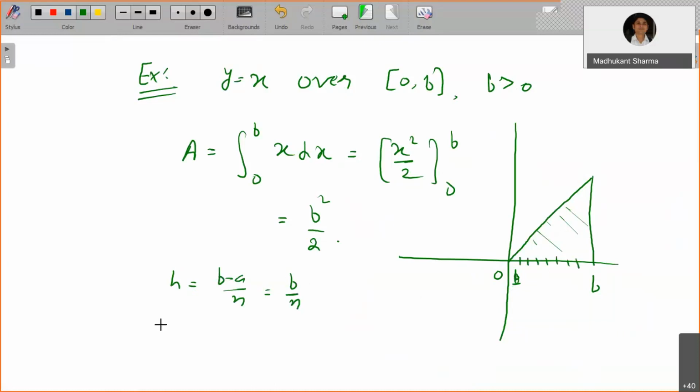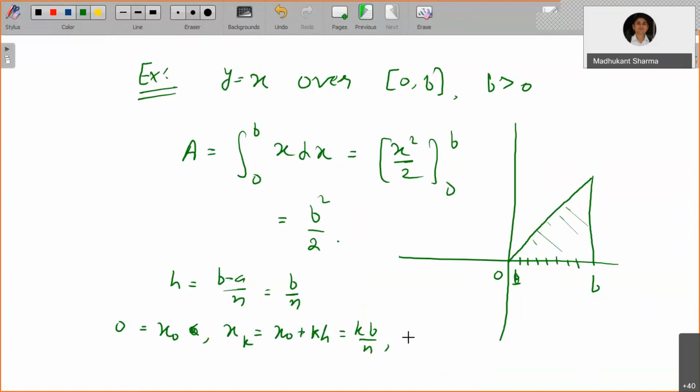The points are x naught equals a, so 0 equals x naught less than x1. Then xk equals x naught plus k times h, that is, k times b by n.